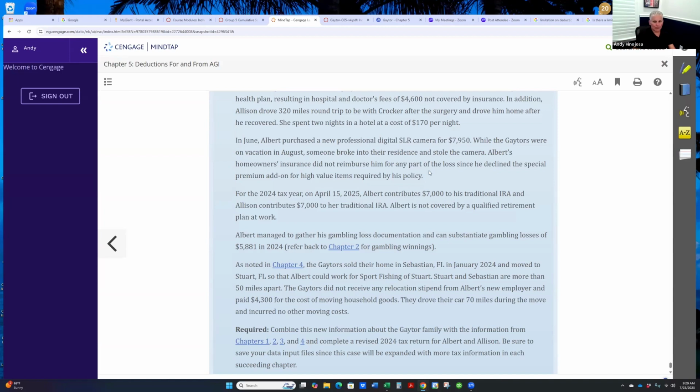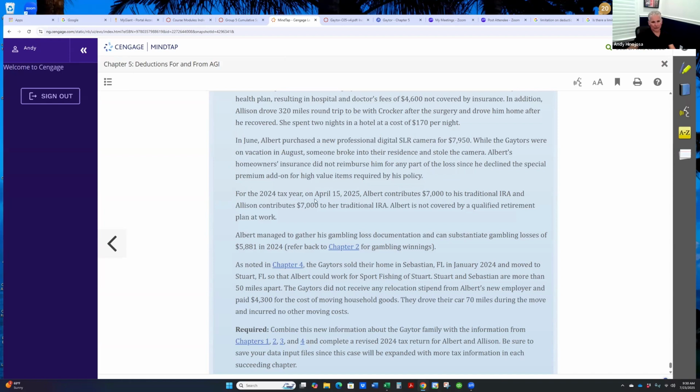This may or may not have been deductible in 2017 or before, but after 2017, the law changed in that whenever you want to deduct a loss, it has to be in a federally declared disaster area. There wasn't a forest fire, there wasn't a hurricane in this case. It was just a stolen camera, so that's not going to be deductible.